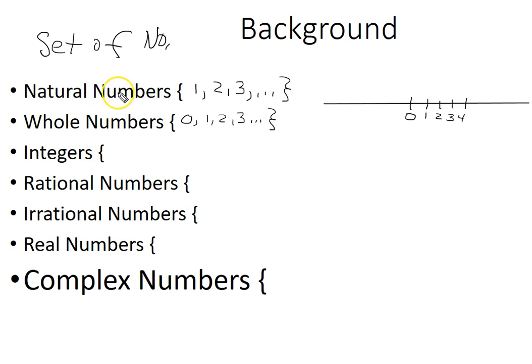If we were going to graph these sets, and I'll change colors here, to graph natural numbers first, we'd put a dot on 1, 2, 3, and this would go on to infinity. And then whole numbers, we put a dot on 0, and that's the only difference, and that goes on to infinity.